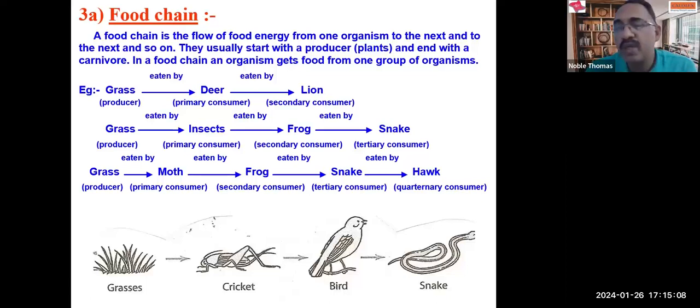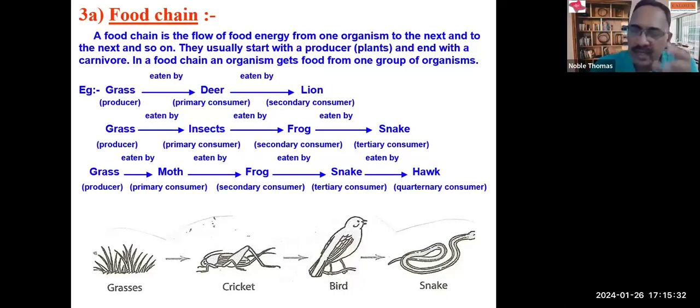And 90% of the energy either is unable to go to the next level, or it is consumed by the first level itself. Take, for example, the grass is eaten by cricket. Now, let me take the example of cricket. Cricket has some amount of energy, and this cricket is going to be eaten away by a bird.